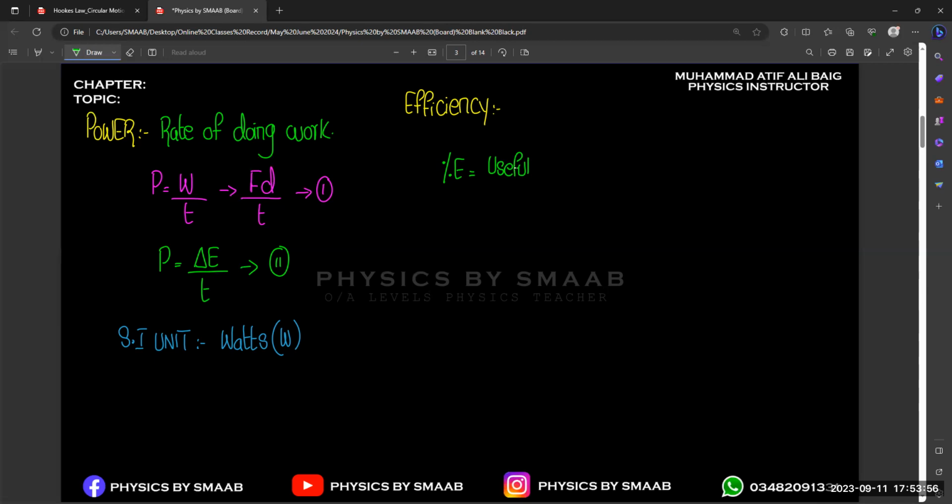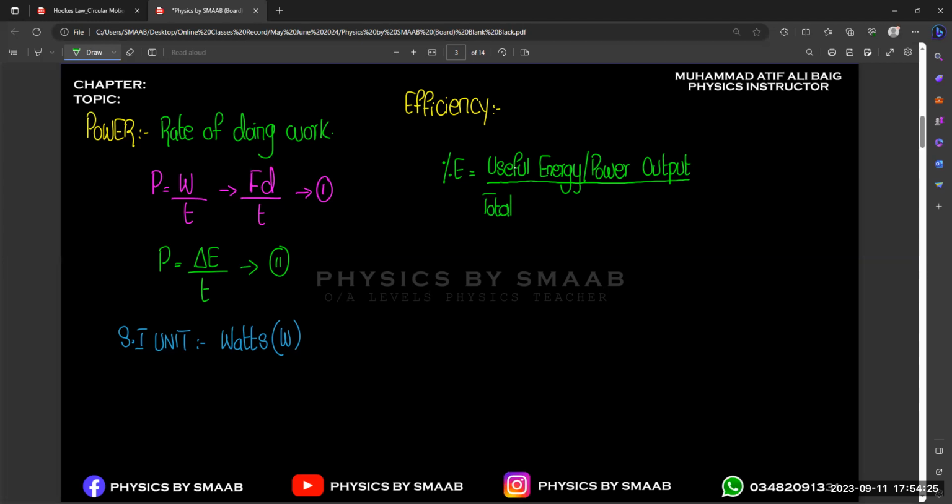So useful energy or power output divided by the total energy input.